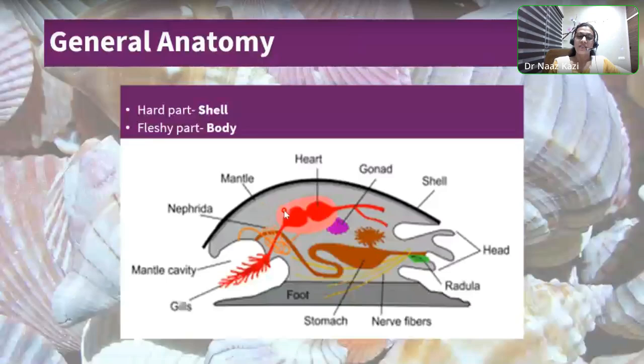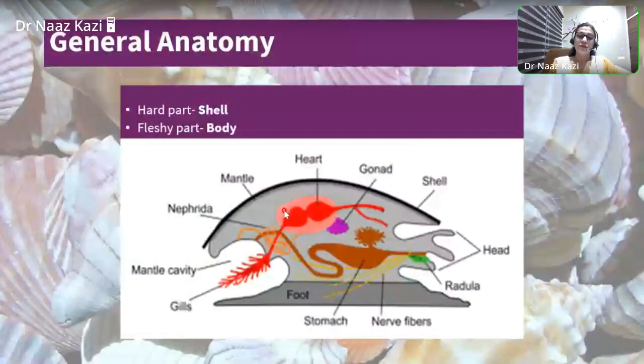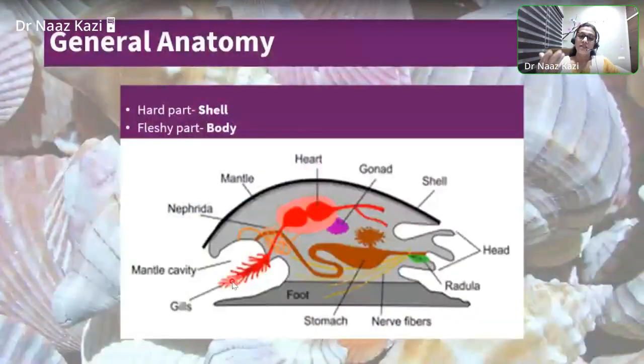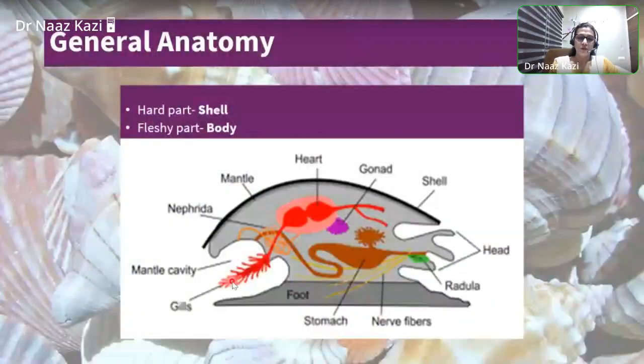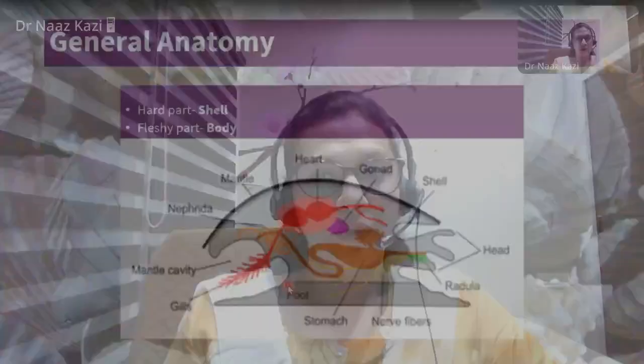This cavity has a lot of fluid in it. It's a fluid-filled cavity, and this is responsible for the excretion of waste from the body of the mollusk and for taking oxygen from the water. It has gills present in it, which work as the respiratory organ for the mollusk.